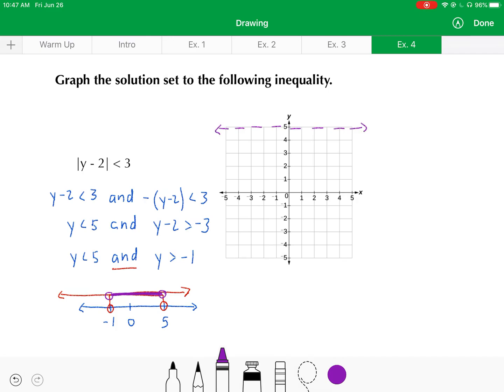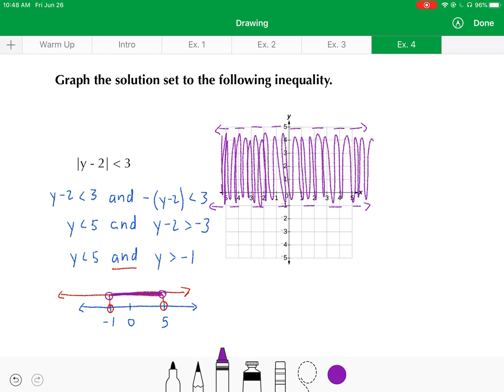And we'll do another horizontal line down here that's also dashed. Okay. And then we want any point whose y coordinate is between 5 and negative 1. Okay. So that would be all of the points in between these two lines.